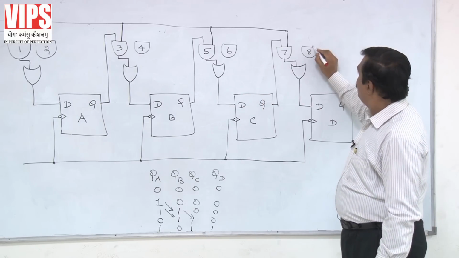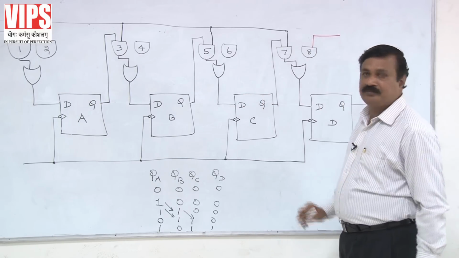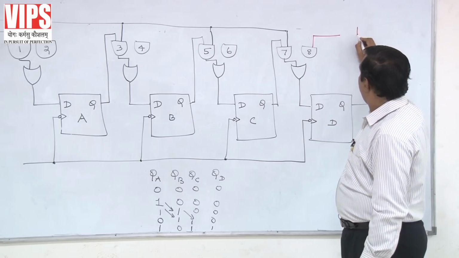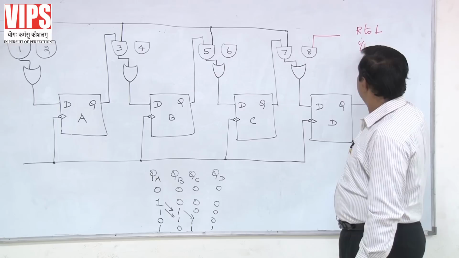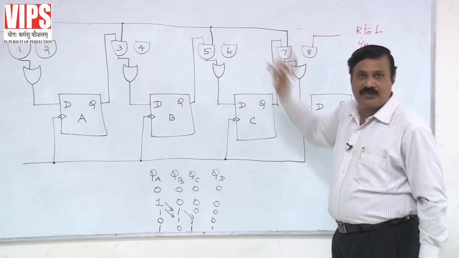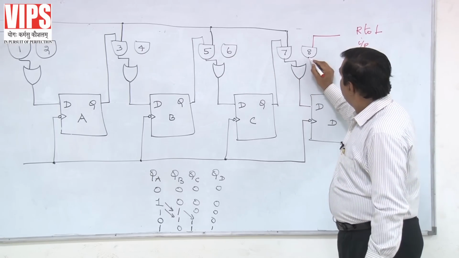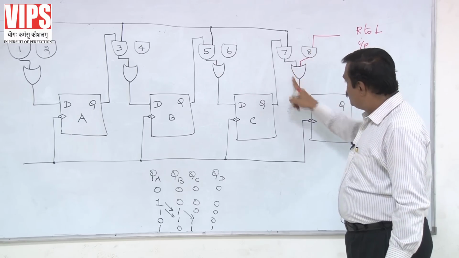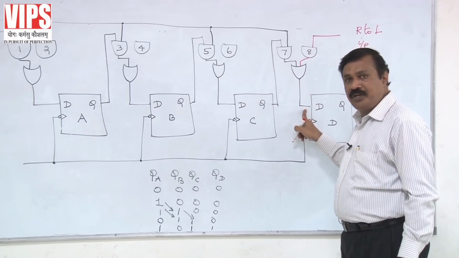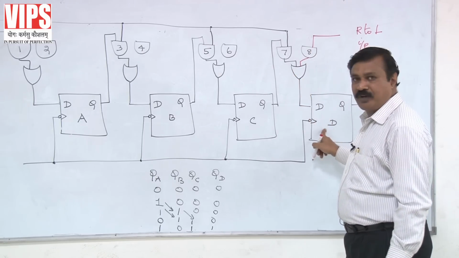Now you give the input here, that is the right to left input. The right to left input is given here. This is connected here. This input goes to the D input of the D flip-flop.